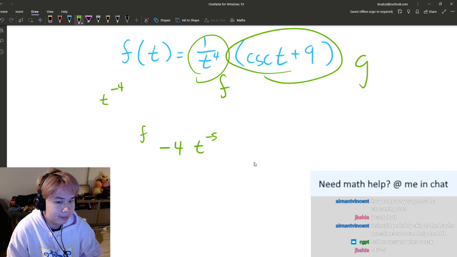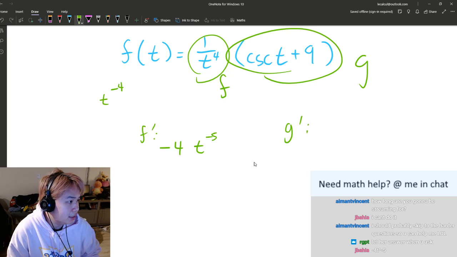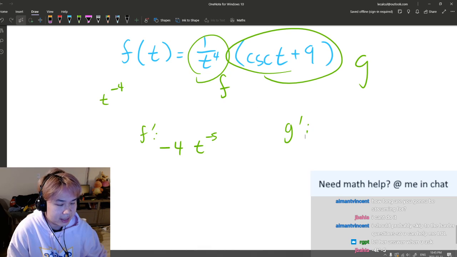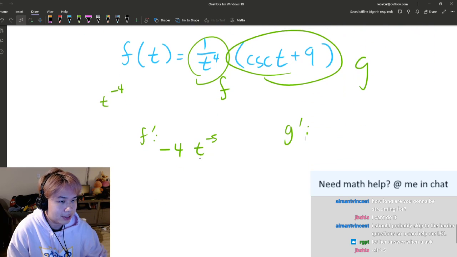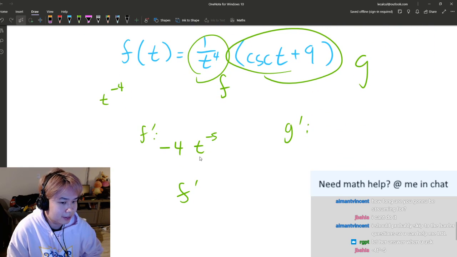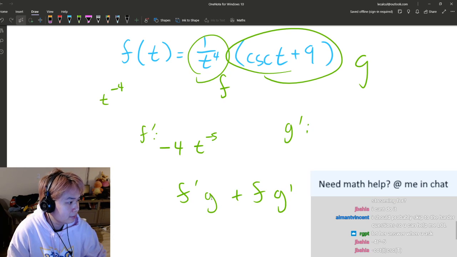So this is f prime. You also need g prime, which is the derivative of cosecant t. And again, I said that's something you can just Google. So go Google cosecant of t, and then you just make sure you put things in the right spot, right? Product rule is this, and you should know what all 4 of these things are.